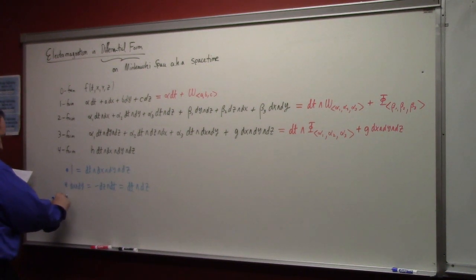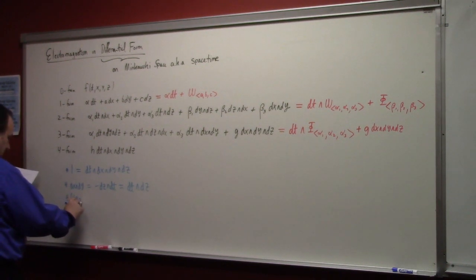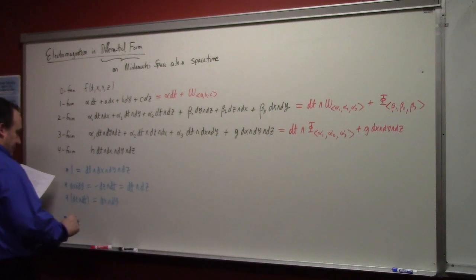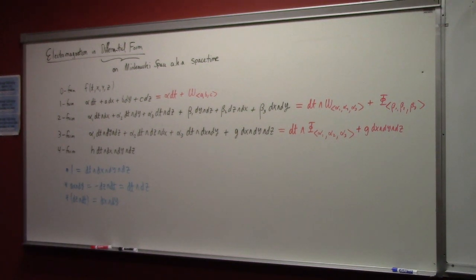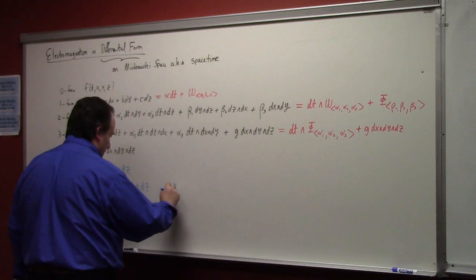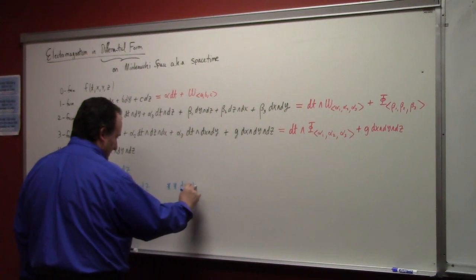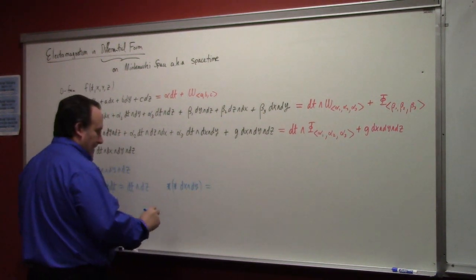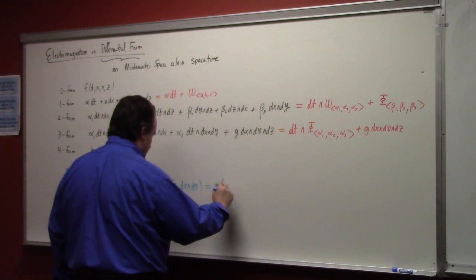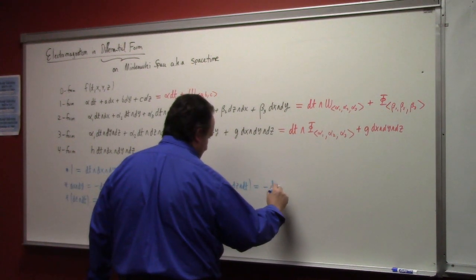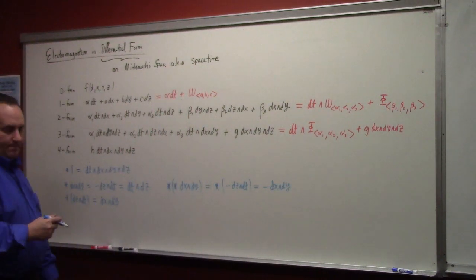And on the flip side, the Hodge dual of dz wedge dt is equal to dx wedge dy. So apparently the Hodge dual of dx wedge dy is what? Looks like we get a minus this time.